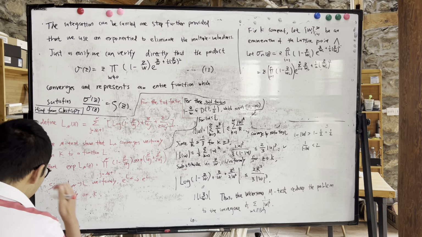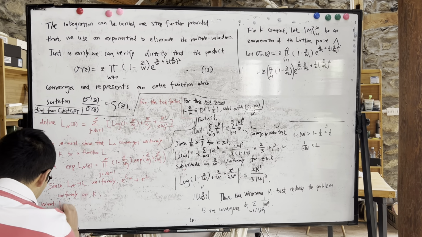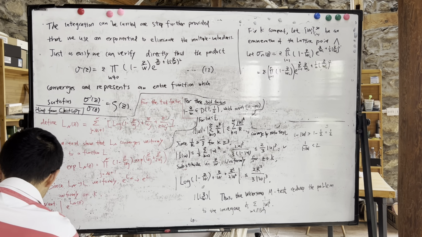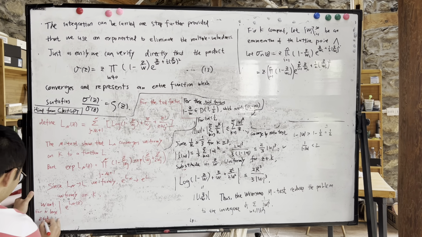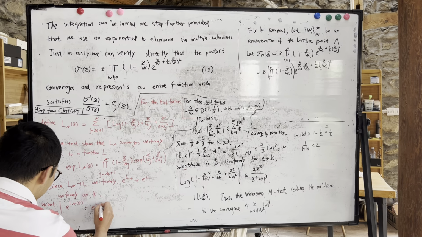So basically, for N large, capital N large, and z in K, we have that e to the l_n z minus e to the l z.